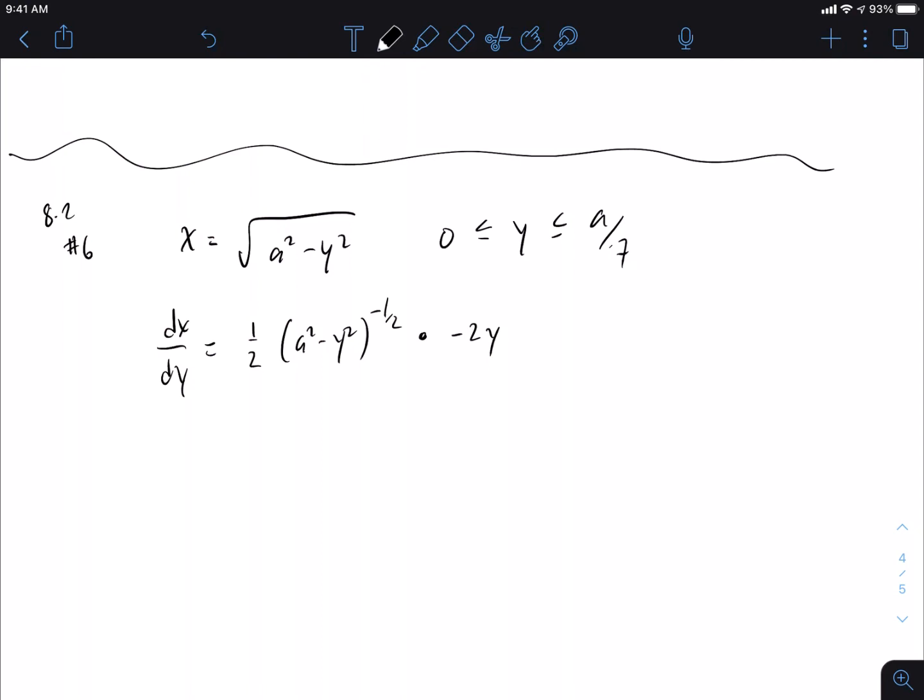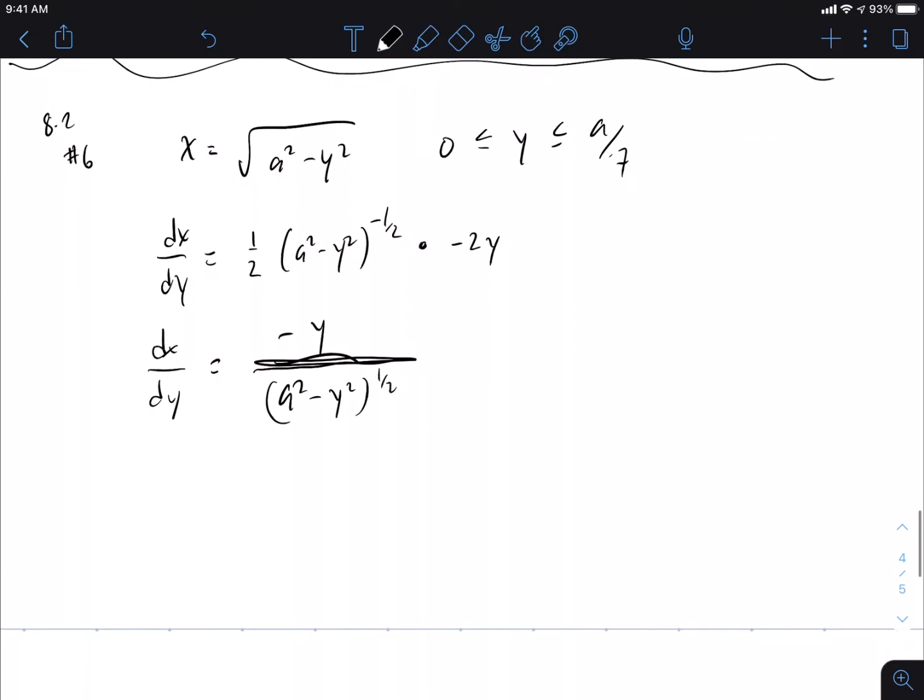Agreed. Yeah, you got it. Okay. So that should give me a negative y over a squared minus y squared, and I'm just going to keep it as a 1/2 power. It's in the denominator, right? Yeah, it's a negative. Okay, cool.